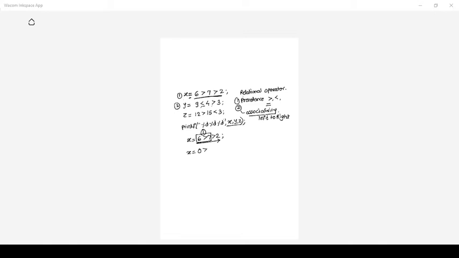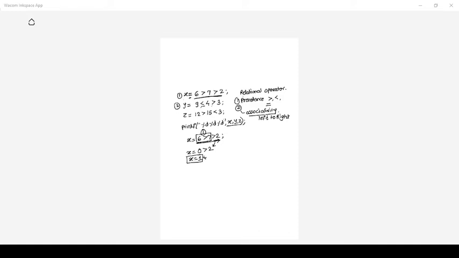Now 0 is greater than 2; the remaining expression I have noted here. Since 6 is greater than 7 returned false, it returns 0. Now we check x is equal to 0 greater than 2; the condition is false, so it returns 0. So for x we get the 0 value.